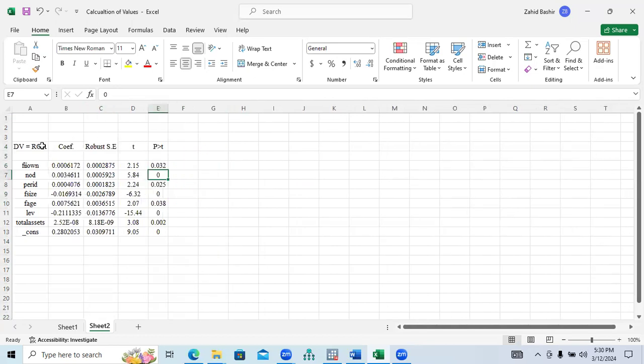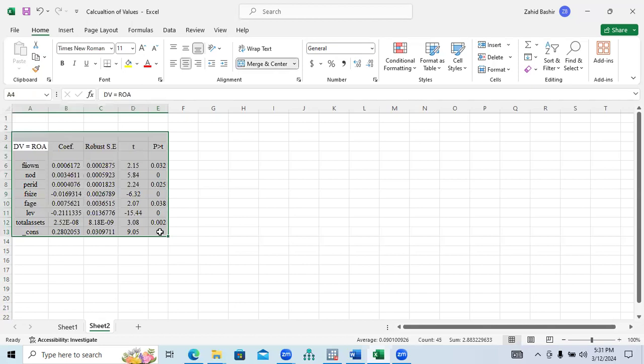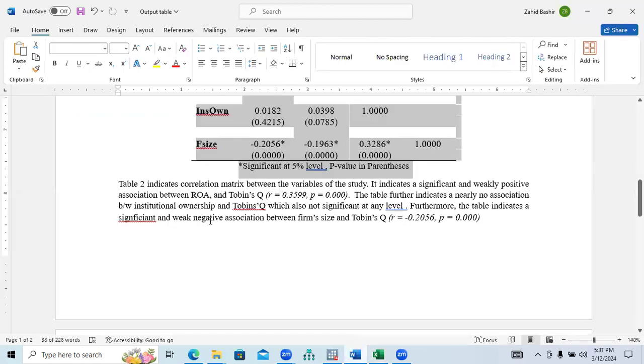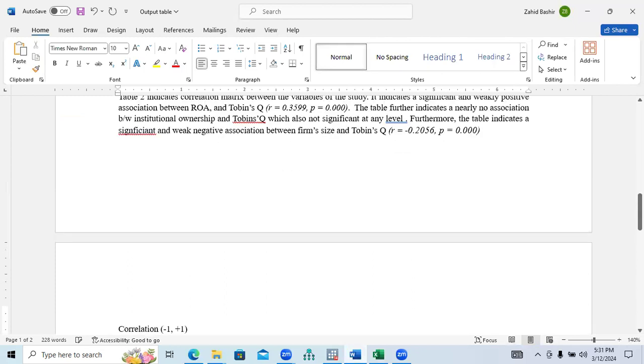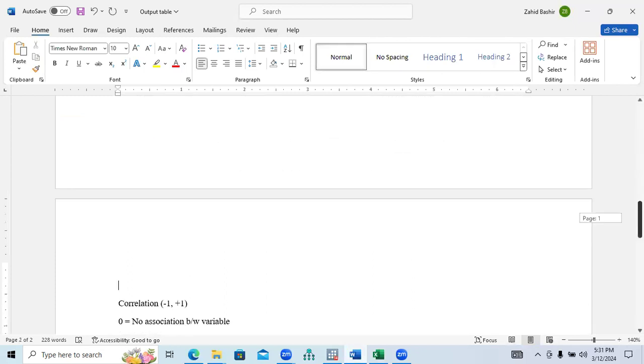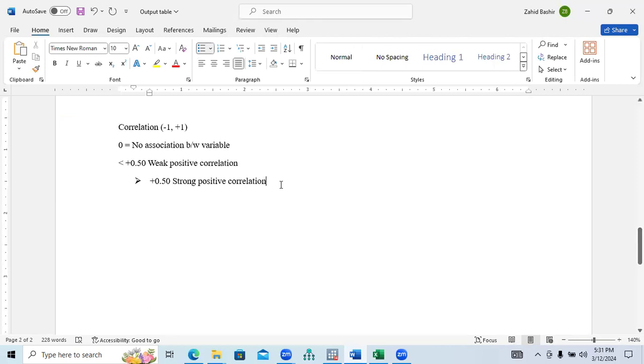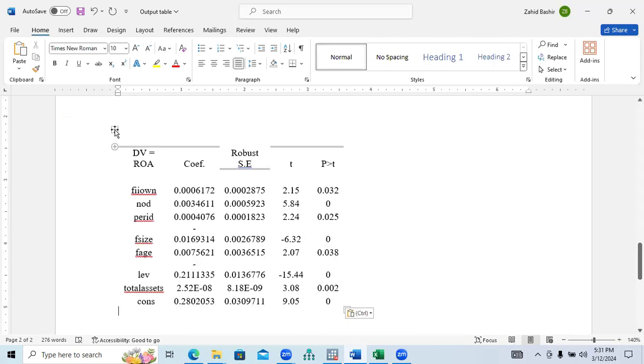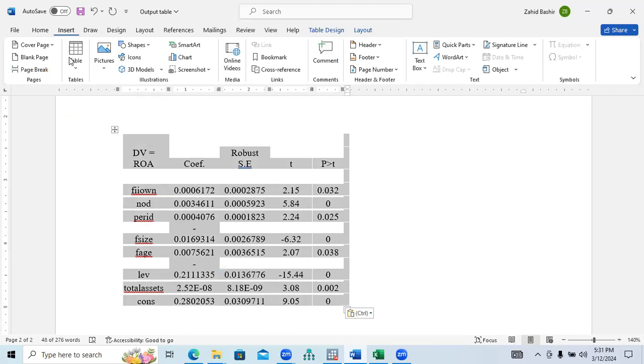So what you need to do, you need to make them in APA style of table. Just copy the table from here and put it in your output file like this. Go to the insert bar, tables, convert text to the table.